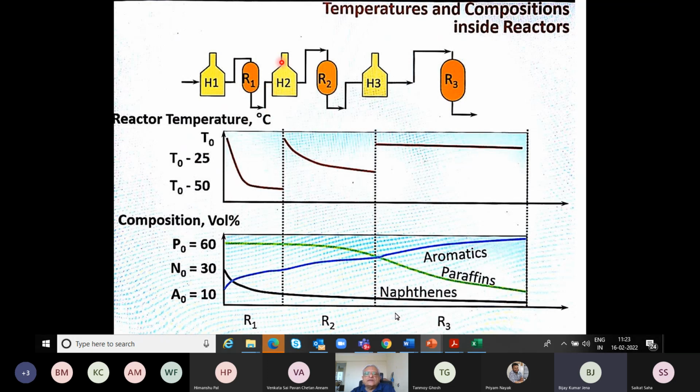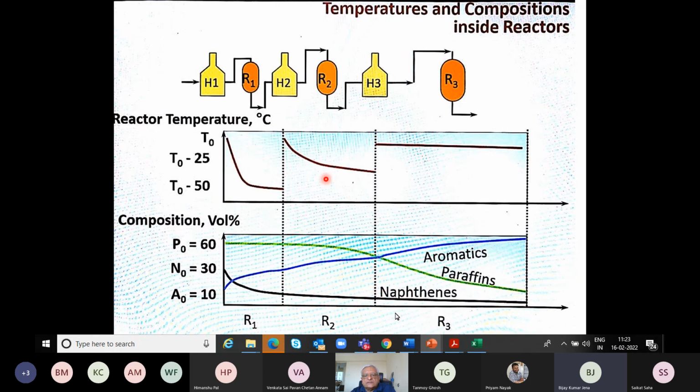And then you heat it up again, right up to the same temperature at which we entered the first reactor. And then you see that this particular endotherm is not that high because most of the naphthenes got converted, and now you have dehydrocyclization of paraffins happening, which again gets converted to naphthenes and then to aromatics.